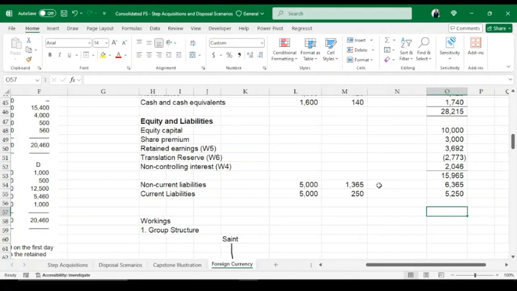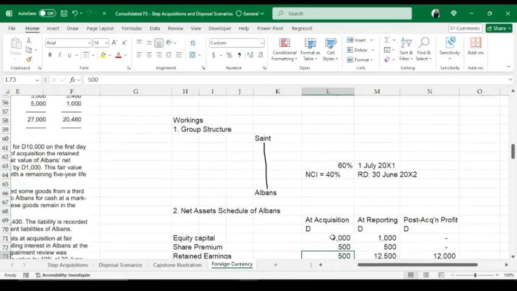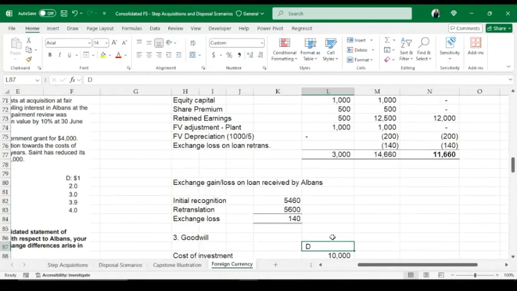All right, then for our non-current liabilities, there has been a loan, and there has been a retranslation of the loan. So let's see how we are going to adjust for that. We've been told that from our calculations, there has been an exchange loss of 140.